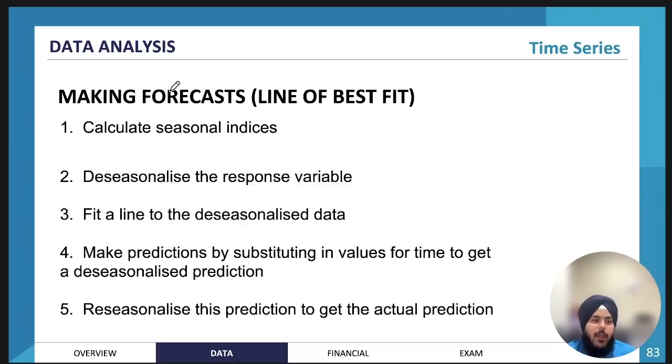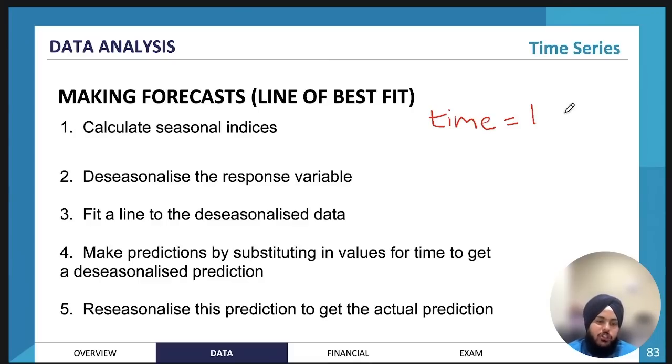Next step is to fit a linear regression line, basically what we've looked at before, constructing a line. For time, it can become a little bit complicated. But let's say if it's 2008, 2009, 2010, you can say time equals 1 for 2008, for example, if that's your starting point. So just make it easier on yourself.